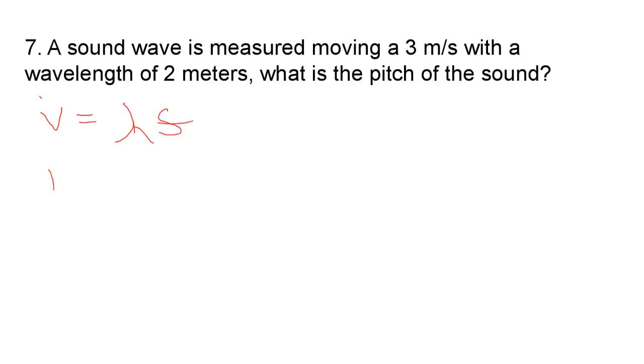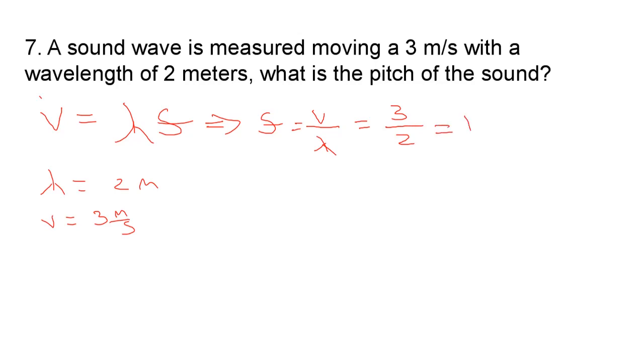The wavelength is 2 meters and the speed is 3 meters per second. I have to rearrange this equation to get frequency by itself. So frequency equals wave speed divided by the wavelength, which equals 3 divided by 2, which equals 1.5 hertz.